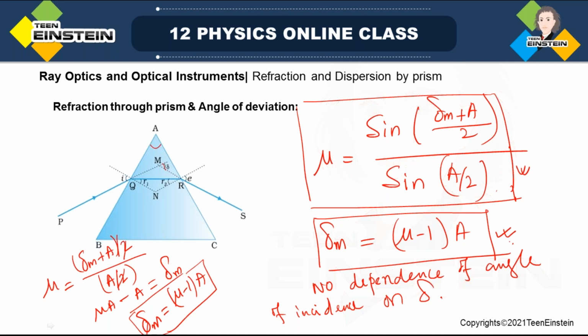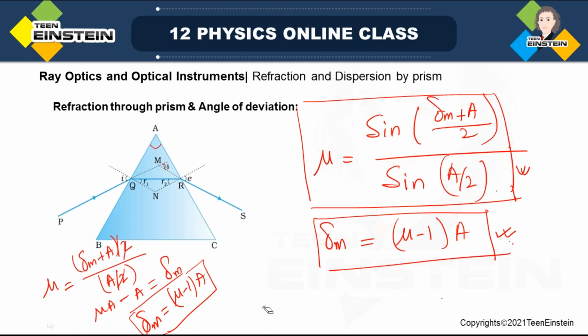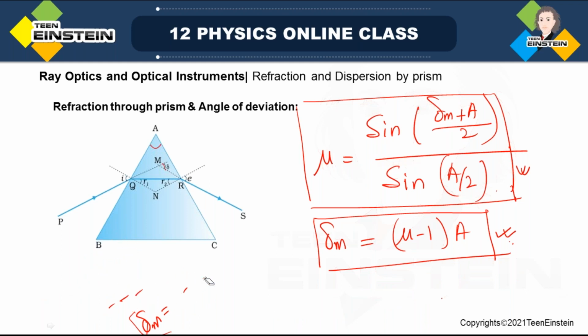Okay, so you have got when the angle of deviation will be minimum, but when will the angle of deviation be maximum? What is the condition for that? To get maximum angle of deviation, the condition is delta max is equal to 90 degree plus i prime, i prime in the sense angle of emergence.